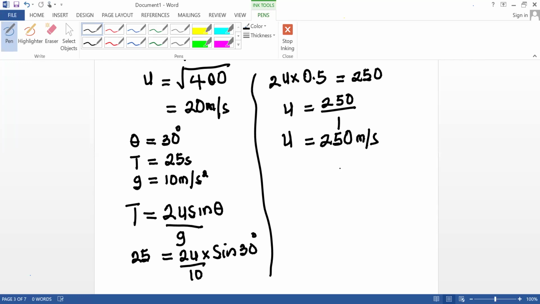A body is, WASSCE 2022. This is a mixed question on vertical motion, motion under gravity, and projectile motion. A body is thrown vertically upwards.